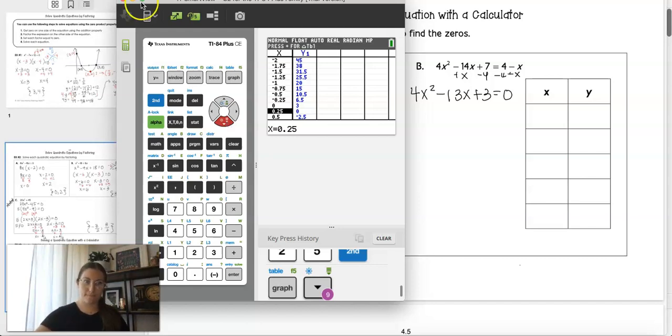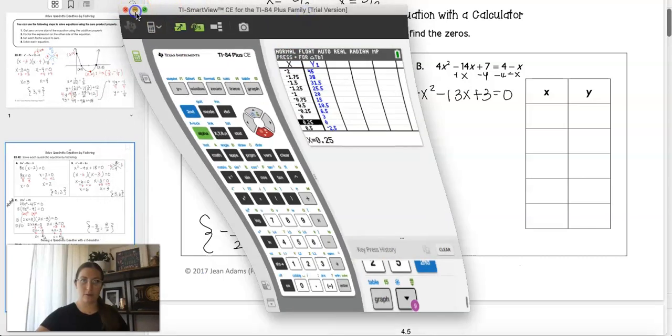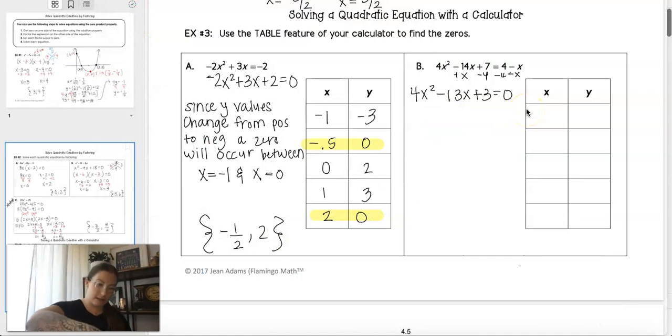So our chart went, we're not going to put all those quarters going up by 1/4.